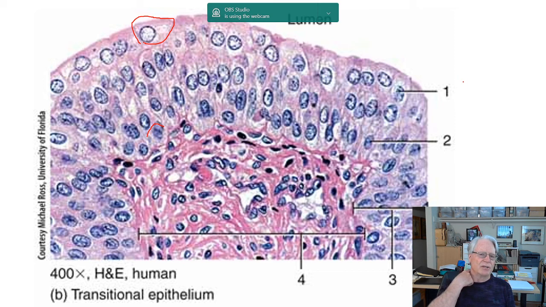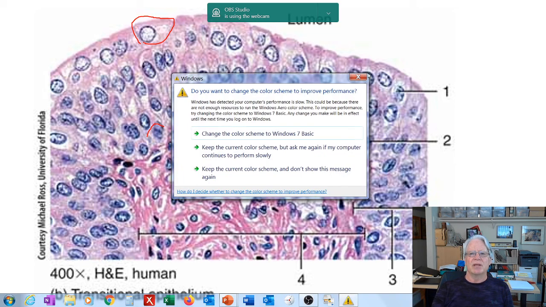You will run into it, talk about it in lecture a little bit, but that's about it. If I'm showing you an image, I'm not trying to show you stratified cuboidal epithelium. You can see that it is stratified because we have the nuclei that seem to be stacked on top of each other.